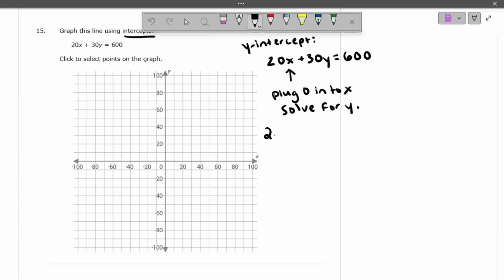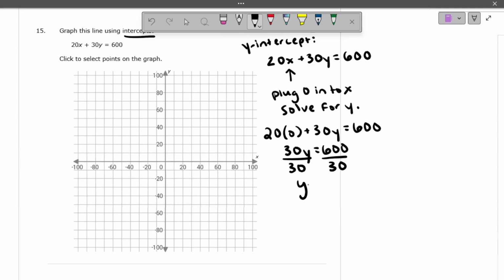So 20 times 0 plus 30y is equal to 600. So we have 30y is equal to 600, which means when we divide by 30, we'll get y is equal to 20.